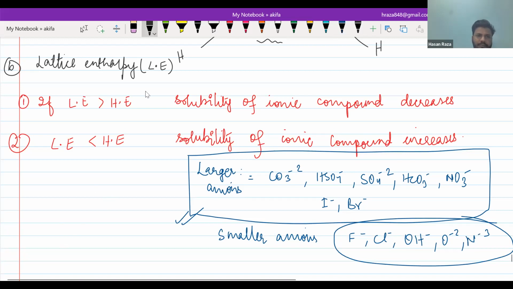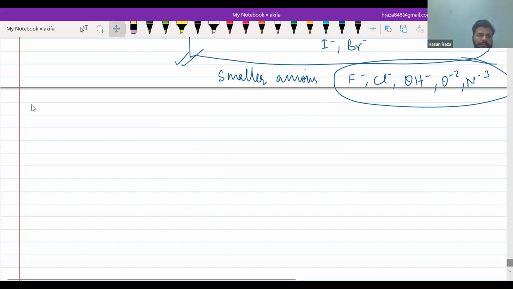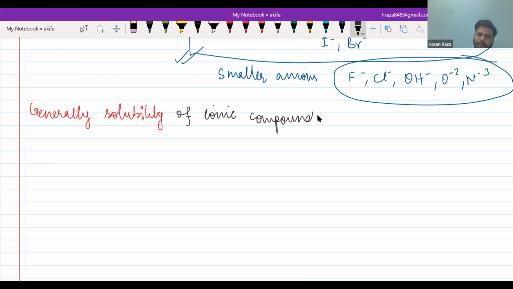So here comes a point about solubility. Generally, solubility of ionic compound decreases from top to bottom.